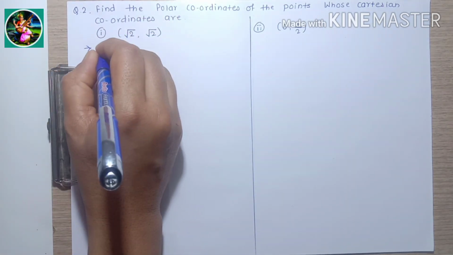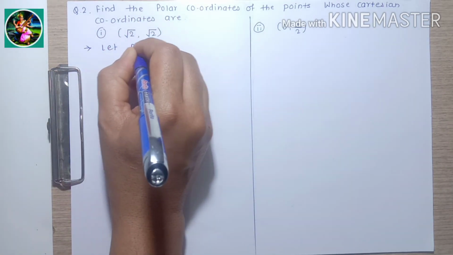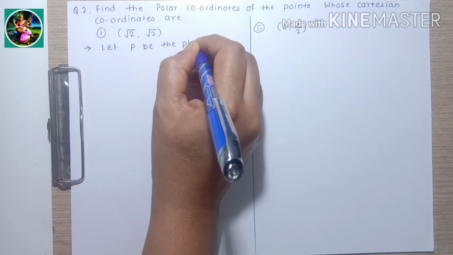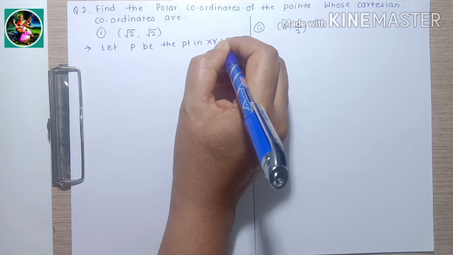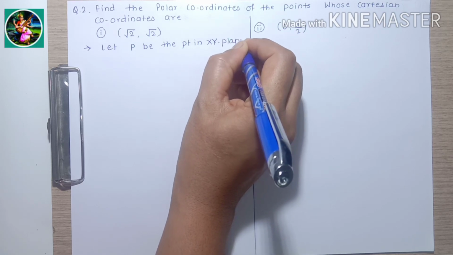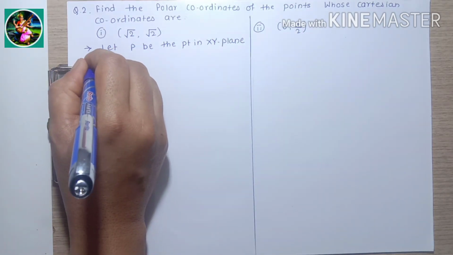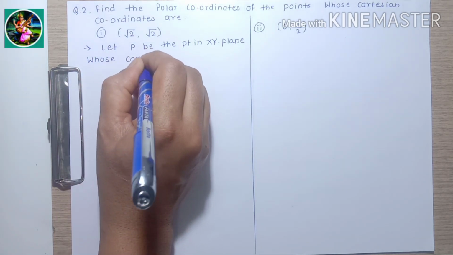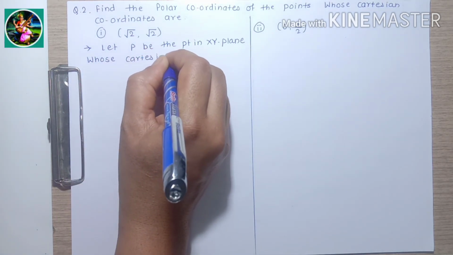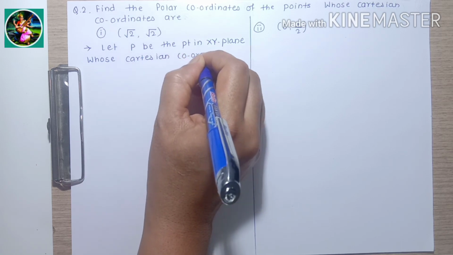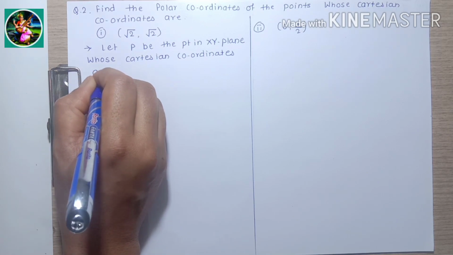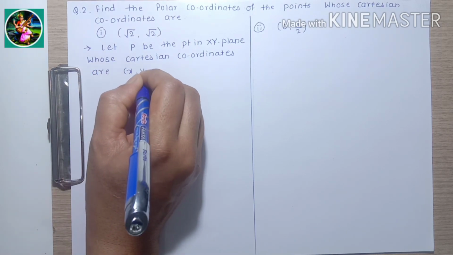Here also we consider, let P be the point in the xy plane whose Cartesian coordinates are x comma y.